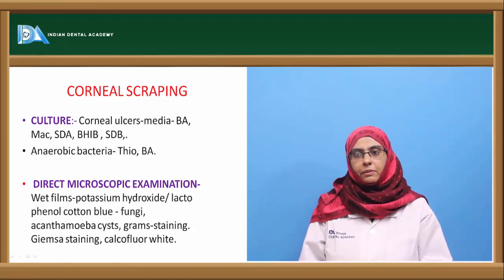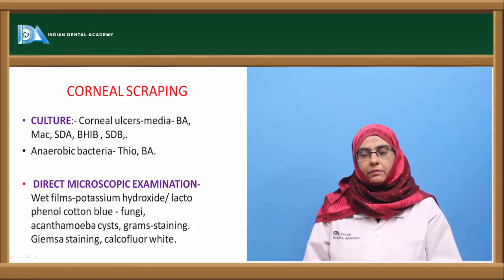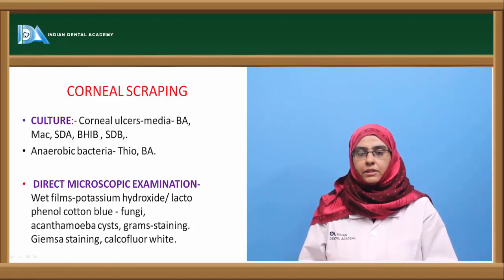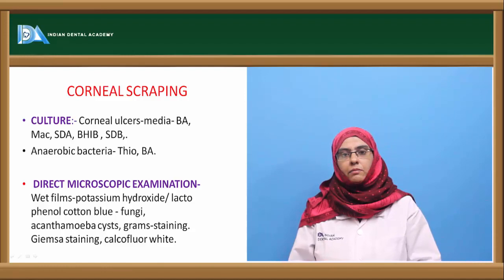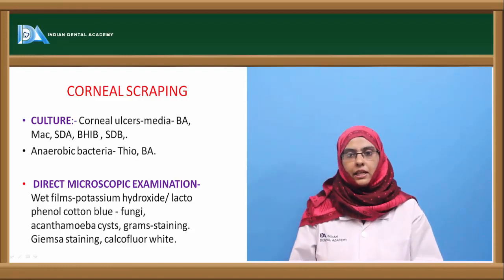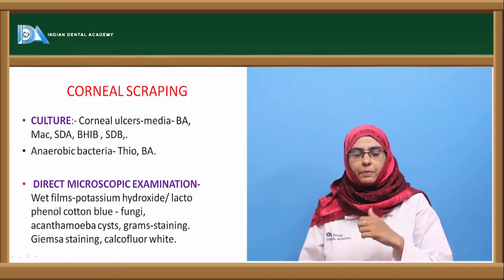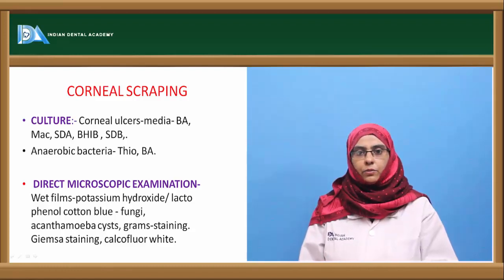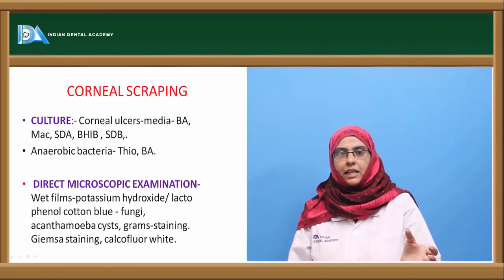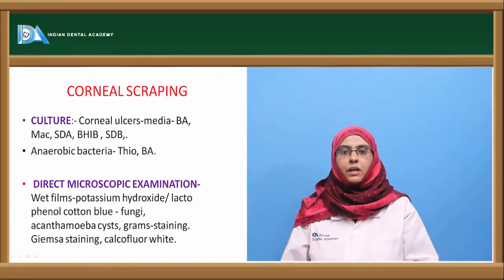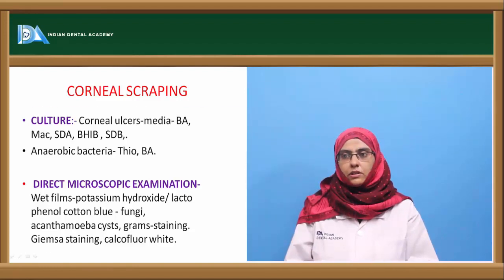Acanthamoeba cysts can also be seen with the help of fungal staining, or Gram staining can be done to identify gram positive or gram negative organisms, and Giemsa staining for fungus again, and calcofluor white. It is a special technique involving fluorescent microscopy, identifying the organism with the specific reagent under the fluorescent microscope, and the reagent used is calcofluor white. So this is about the corneal scraping.